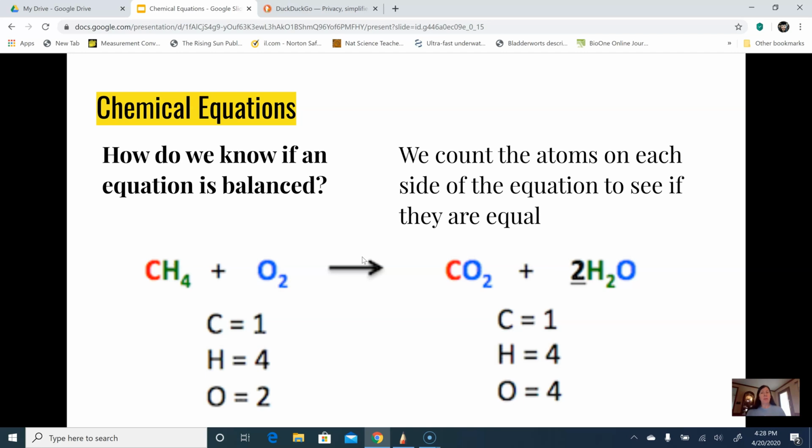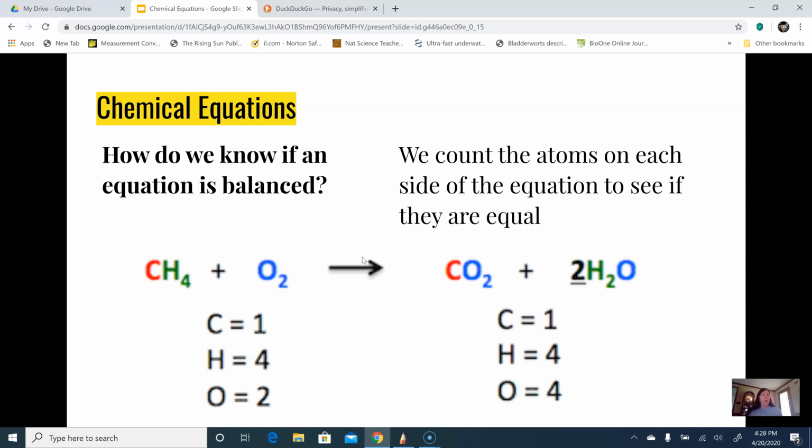Because when we put things together, like adding hydrogen and oxygen to create water, we're never going to have hydrogen plus oxygen equals water and nitrogen. Because whatever we put in on one side has to equal what comes out on the other as far as the amount of atoms. Because we don't create matter or destroy matter in a reaction.